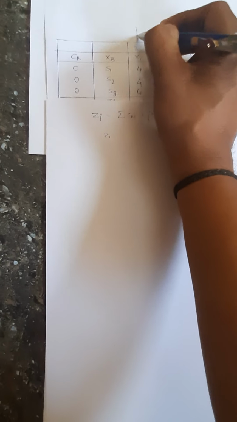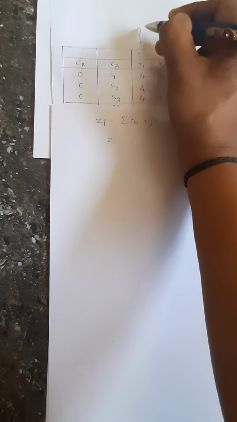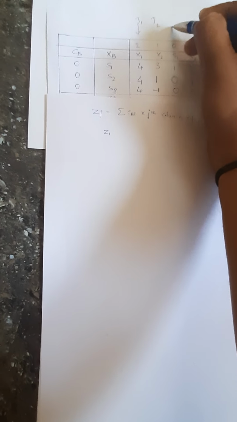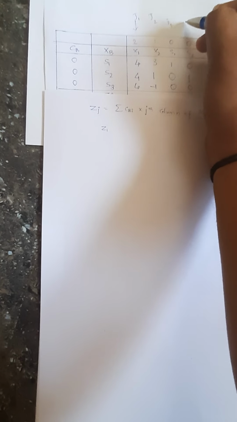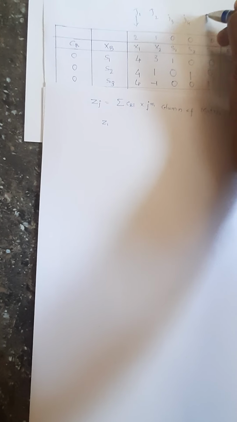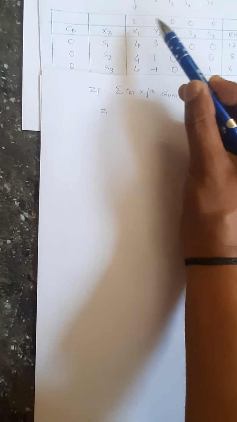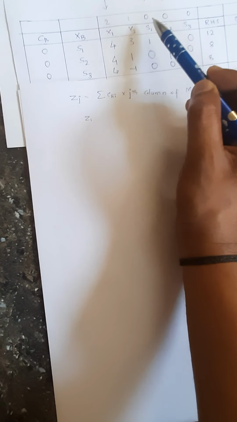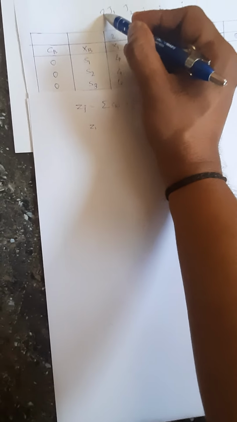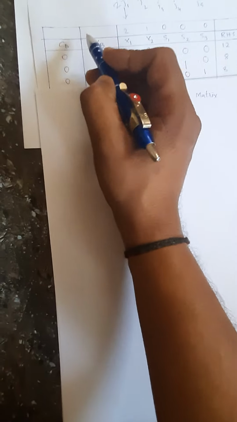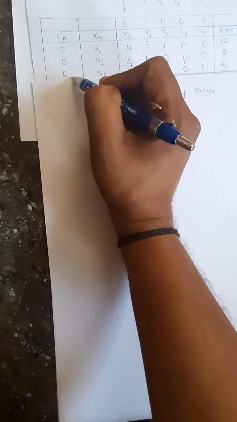Here is the jth column, j1, j2, j3, j4 and j5. So now this is the j. So what is the j? This is zj. So here cbi, we know the cb is 0 0 0.